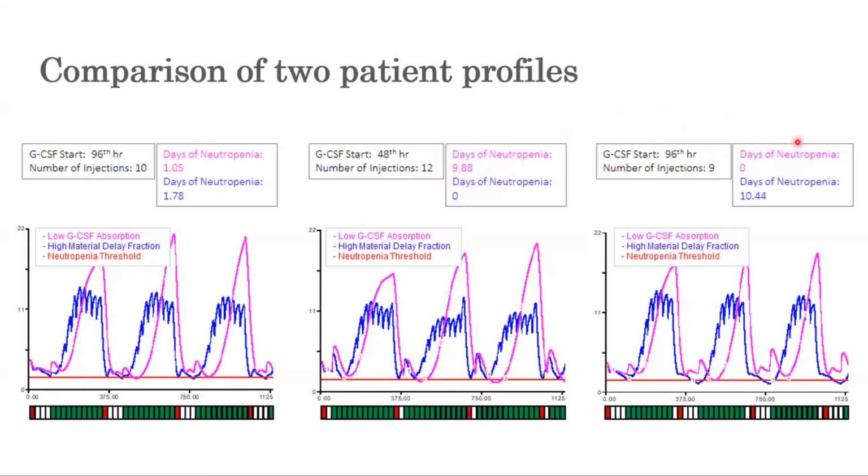Moreover, the governing dynamics for each profile differ. For the high MDF profile, dynamics 3 and 2 seem influential, whereas dynamic 1 is effective for the low G-CSF absorption profile. Consequently, optimal treatment protocols also differ for such cases, suggesting that personalization of treatment protocols is essential under current parameterization.